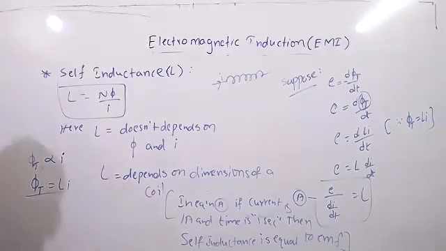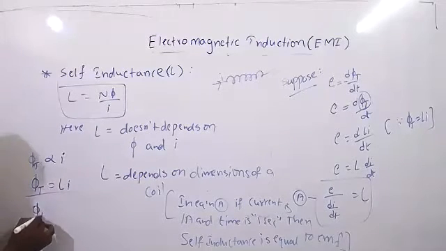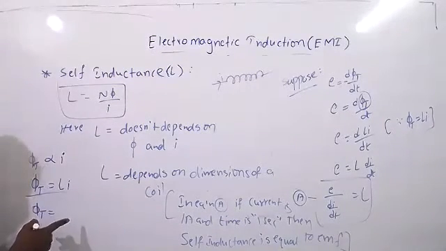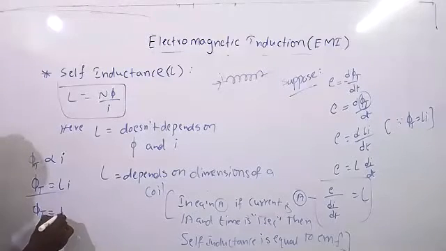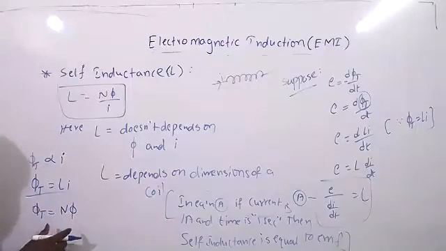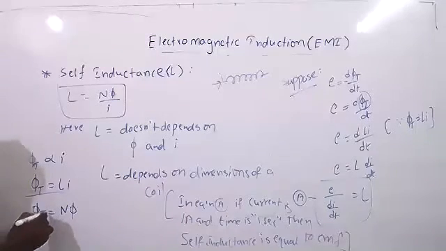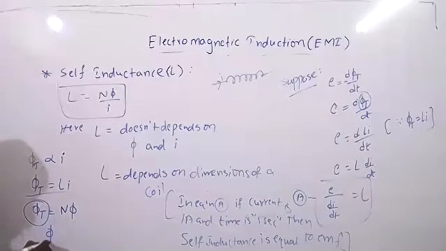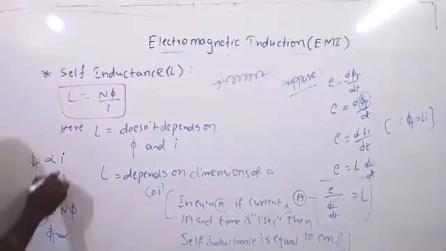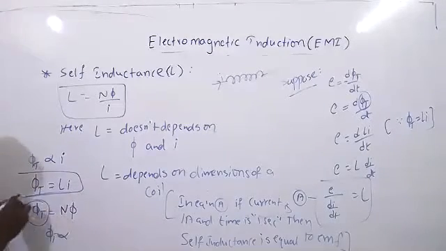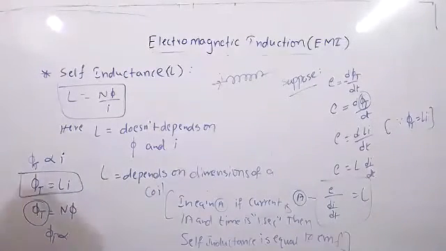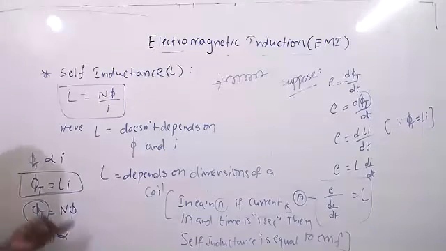Sir, but in equation 1 you gave phi total is N phi. Total flux, if you want, that is N number of coils into each and every flux. Originally this flux is depending on current. So total flux equal to LI. If there is no current, then total flux cannot be there. If there are number of coils also, no use.